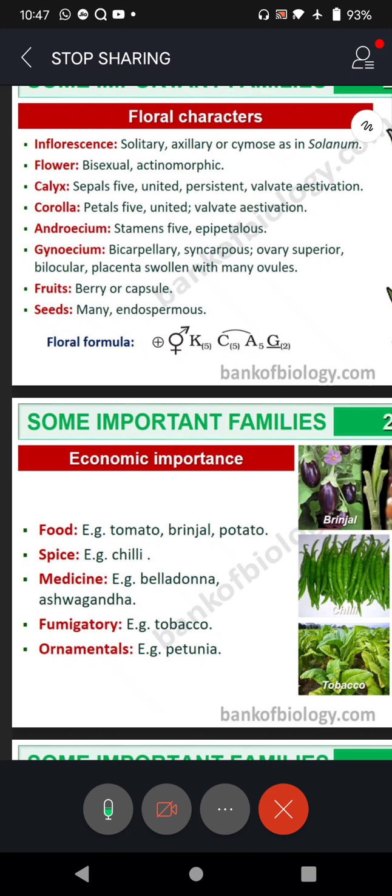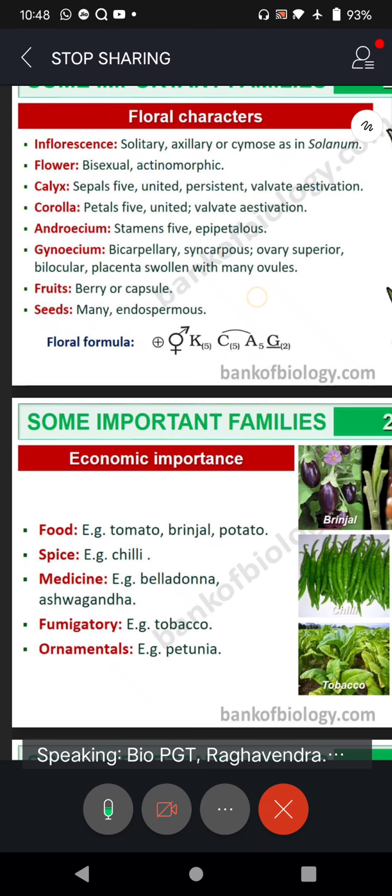And endospermous. What do you mean by endospermous? Any idea? Inside, sir. Inside? Yes, Raghavendra, inside what? Inside seeds.